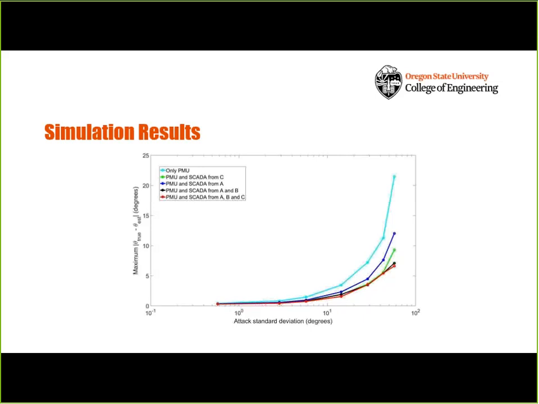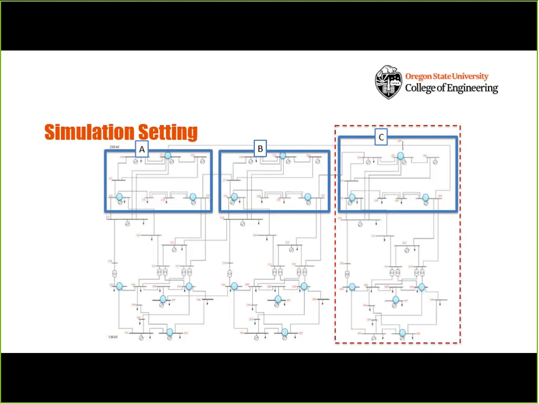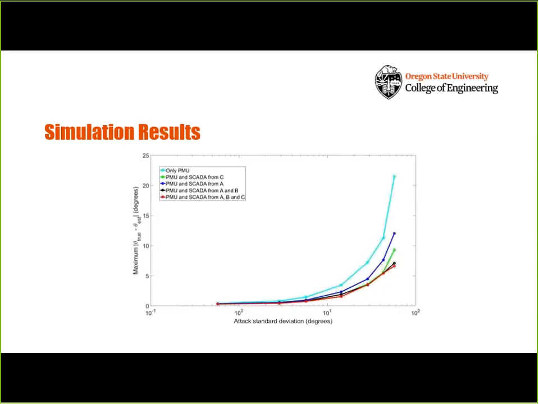In the second plot, the dark blue plot, we used PMU measurements together with SCADA measurements coming from region A. In that case, when the attack had a standard deviation of 14 degrees, the maximum angle error recorded was roughly 1.8 degrees.